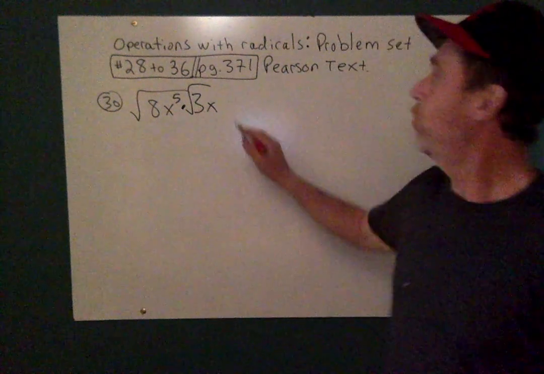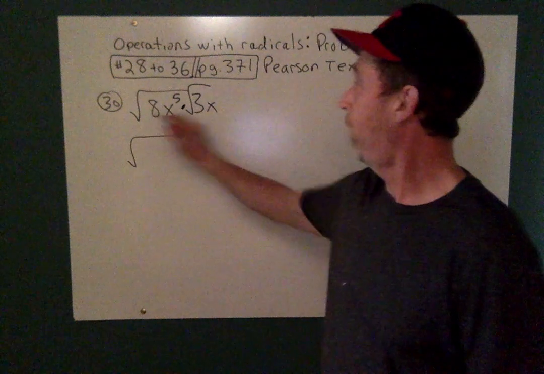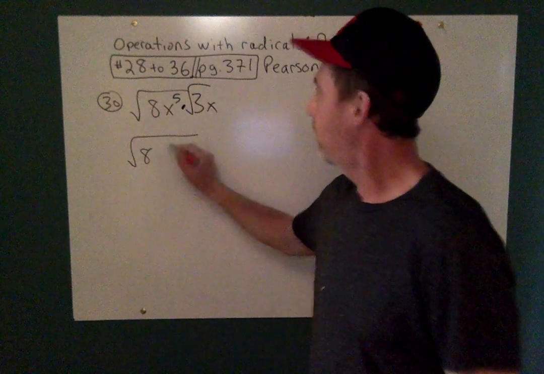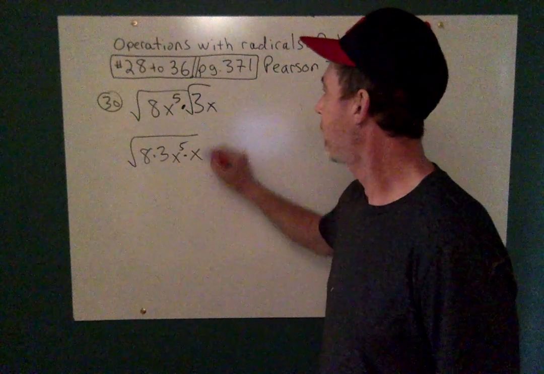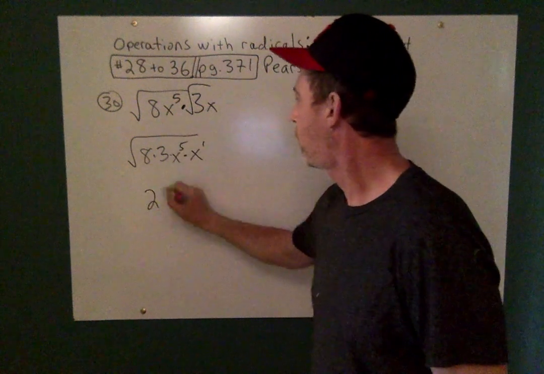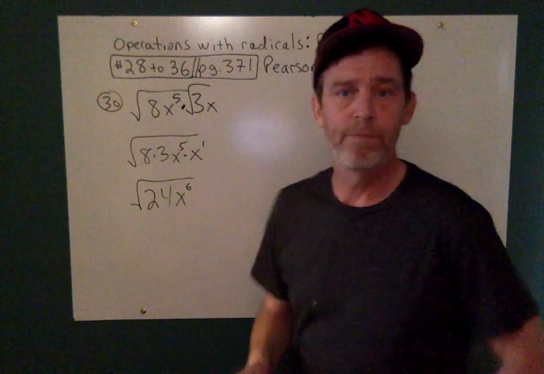Okay, so as they both have the same index, I can simply multiply it. 8 times 3 times x to the 5th times x to the 1st, 24x to the 6th, square root.